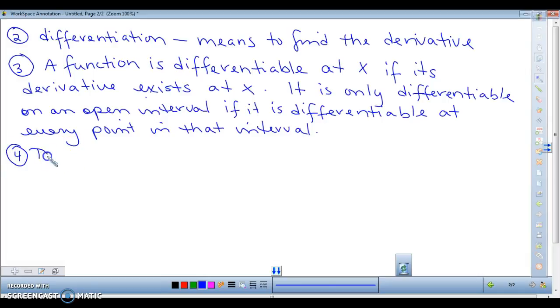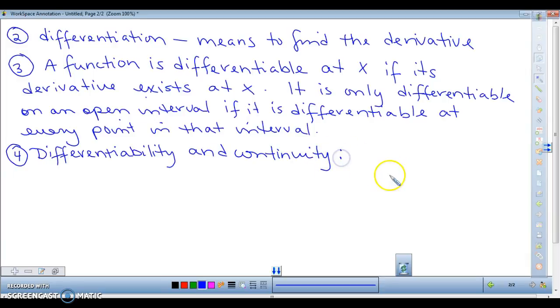Okay, differentiability and continuity, they do not imply the same thing. Alright, but we do have to look at them together in this case.